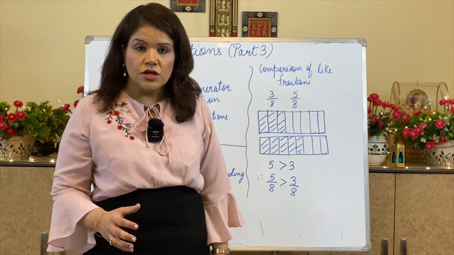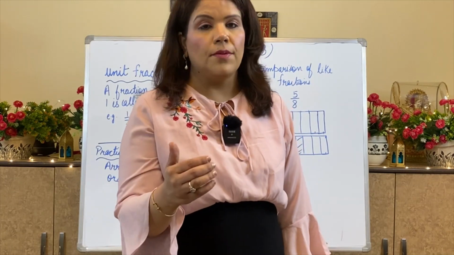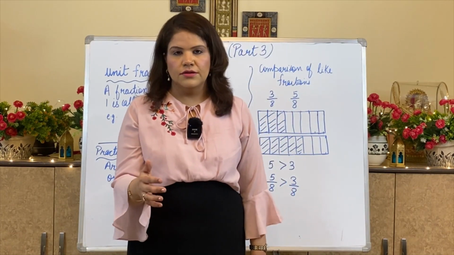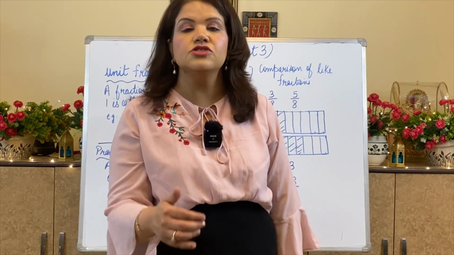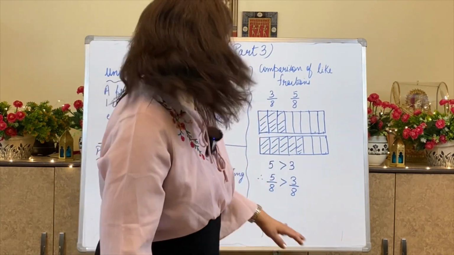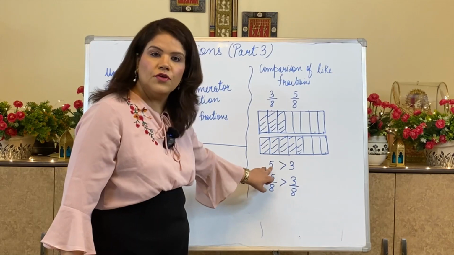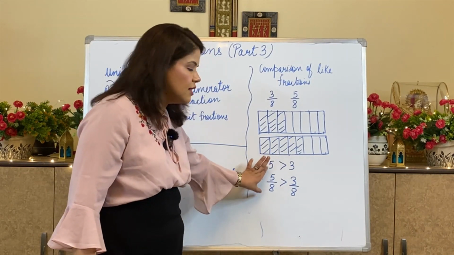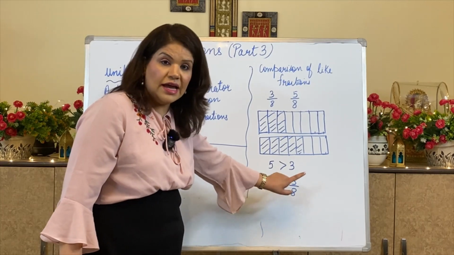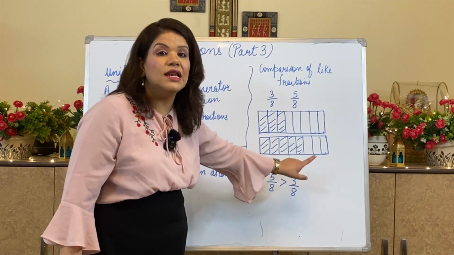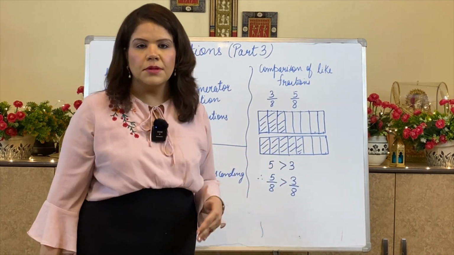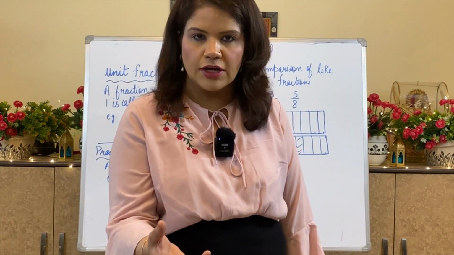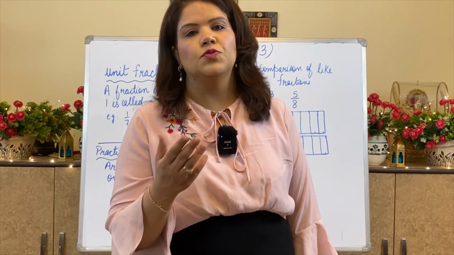The fraction with the greater numerator is bigger than the like fraction with the lesser numerator. That means the greater the number in the numerator of a like fraction, the greater it will be.